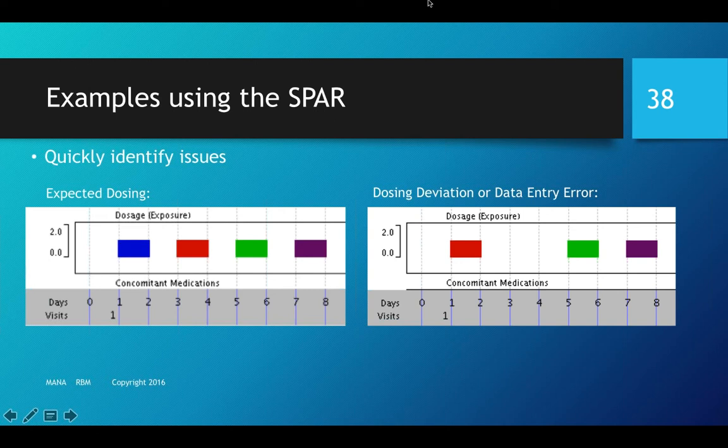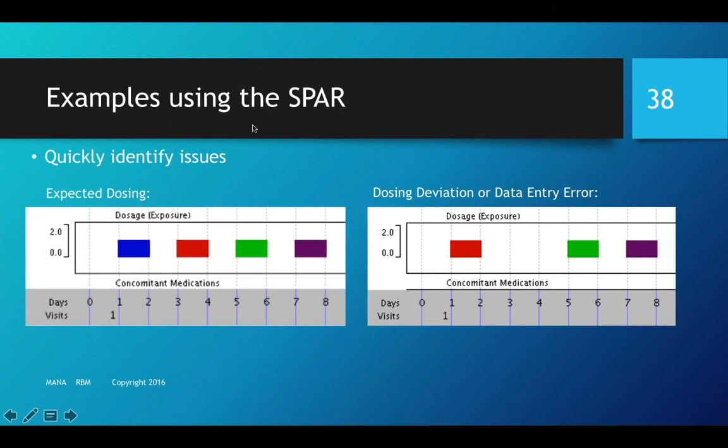So one of my favorite aspects of the SPAR goes back to Jerry's little acronym, how she references it as a snapshot of the data. In traditional monitoring, you're navigating through pages, perhaps waiting for them to load, or perhaps glazing over a little bit from staring at pages that look exactly the same.